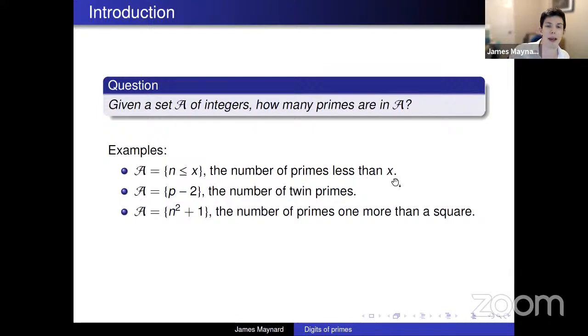So a simple answer to this is given pretty satisfactorily by the prime number theorem, but more refined answers to this first example lead you into the territory of the Riemann hypothesis.